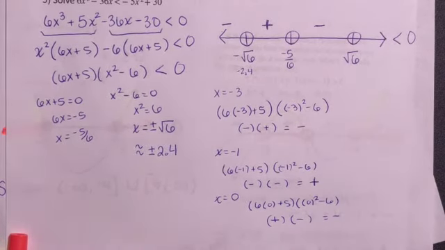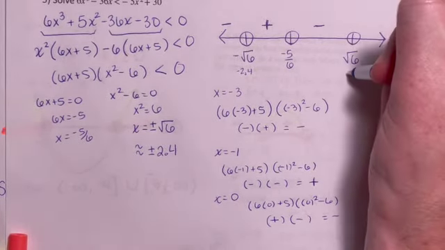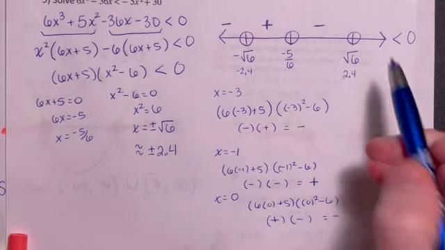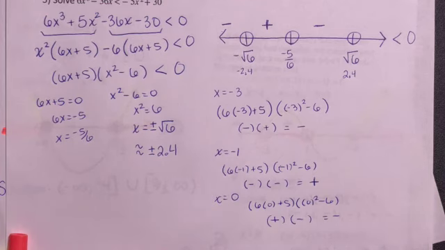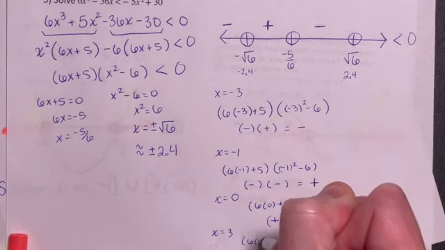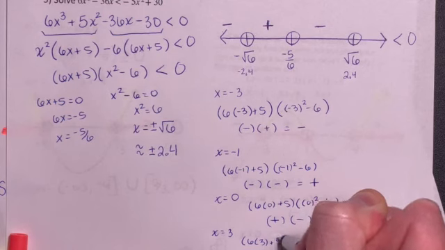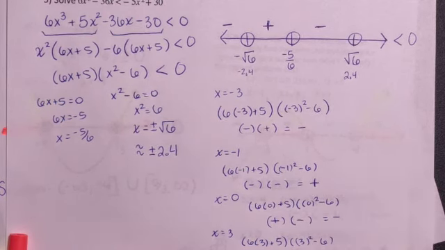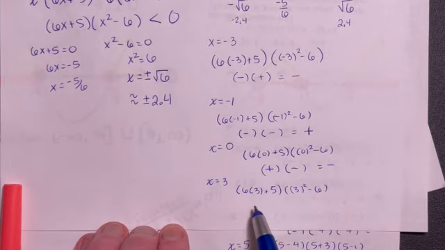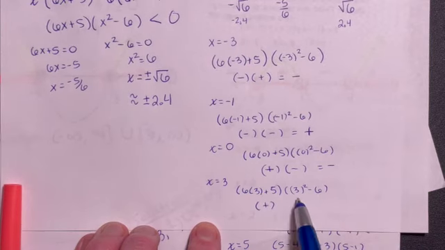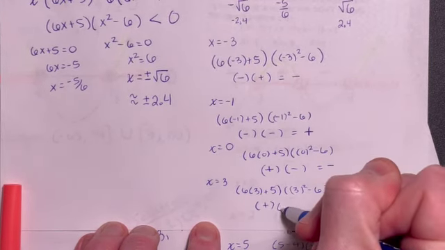And lastly, we choose something to the right of the square root of 6. So this is roughly 2.4. Something to the right of it could be positive 3. All right, so if I plug in positive 3, I get 18 plus 5, that's positive. 9 minus 6, that's still positive.